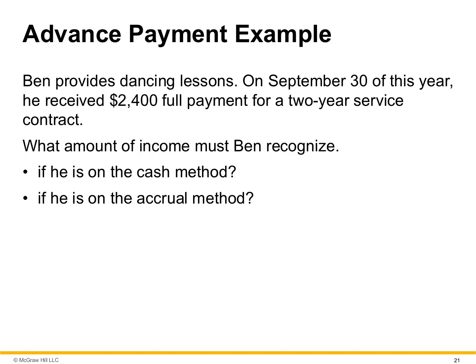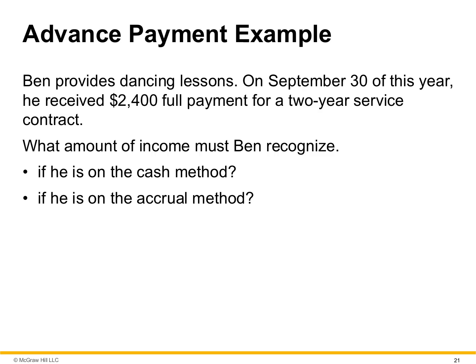So let's look at an example that demonstrates that concept. In our example, Ben provides dancing lessons. On September 30th of this year, he received $2,400 in full for a 2-year service contract. What amount of income must Ben recognize if he is on the cash method and if he's on the accrual method?